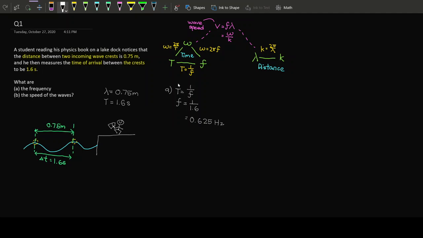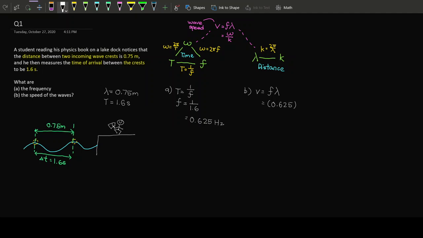Part B asks for the speed of the wave. You have learned that you relate the distance and the time to obtain speed. So v equals f lambda. You have your f from A, which is 0.625.